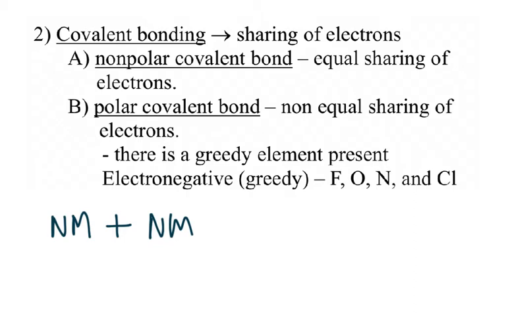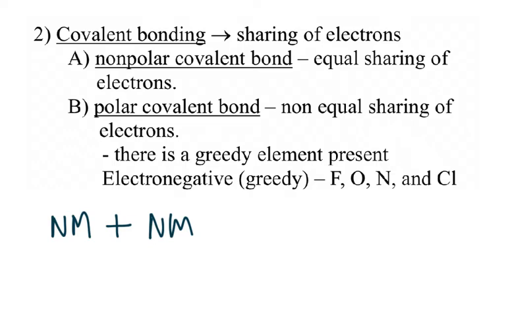Now, you'll notice this is divided into two parts here. Some covalent bonds are nonpolar, and that means that when they are sharing the electrons, there's an equal sharing of electrons between the two atoms involved. But sometimes you might have unequal sharing of electrons because one of the atoms happens to be greedy. In chemistry, we call these greedy elements electronegative elements. Fluorine is the most electronegative element on the periodic table.